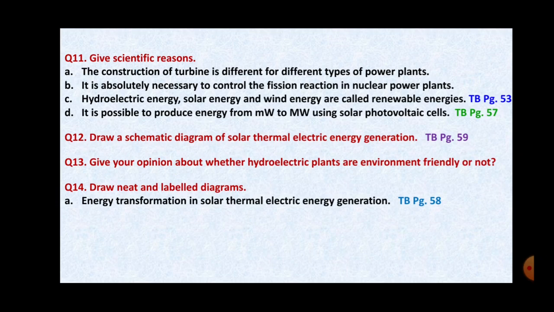This we had answered in one of the questions just now. See, concentrators for collecting sunlight, that is the solar energy. Then in the second one, absorber for absorbing the concentrated sunlight, that is the thermal energy. Then steam turbine, kinetic energy. Electric generator, kinetic energy. And then the electrical energy generation takes place.